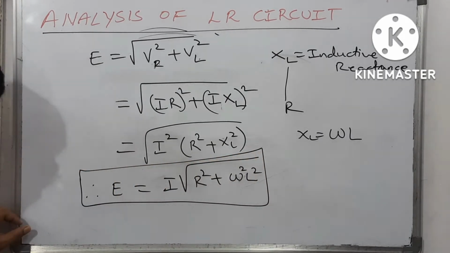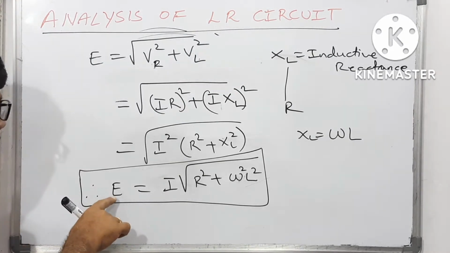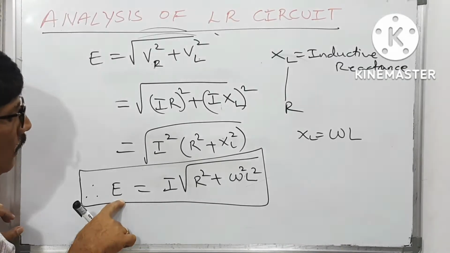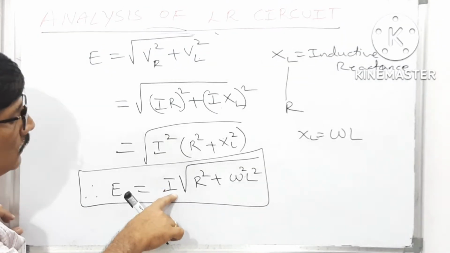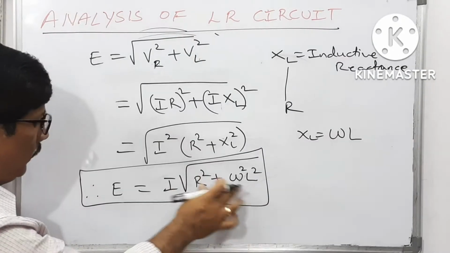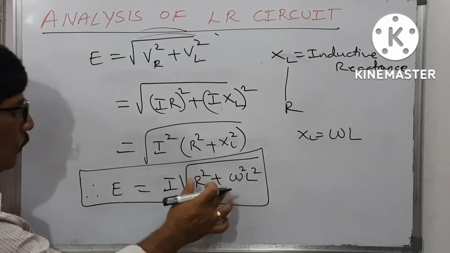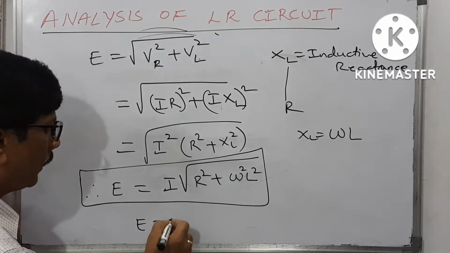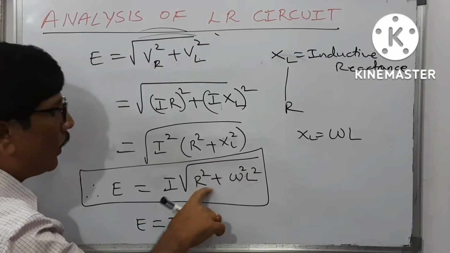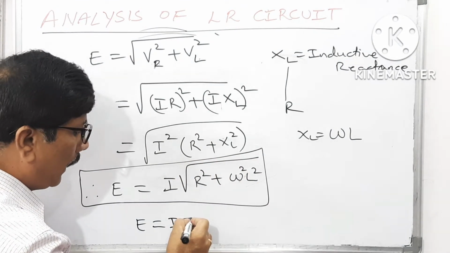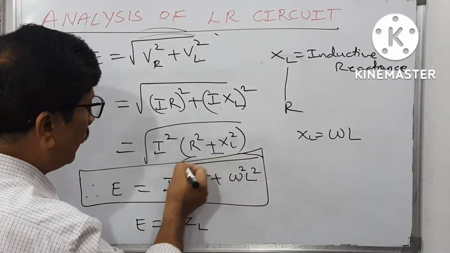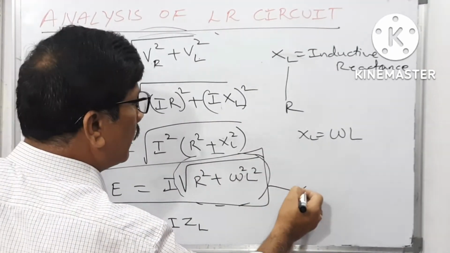Electromotive force in the circuit at any instant of time, the instantaneous voltage or instantaneous EMF, is instantaneous current into this. But what is this? This is nothing but, you know already, electromotive force. This can be written as I into the square root of R square plus omega square L square, which I write as ZL. Here that means this part is considered as ZL.